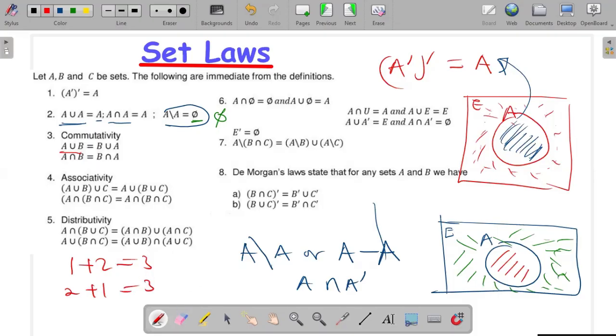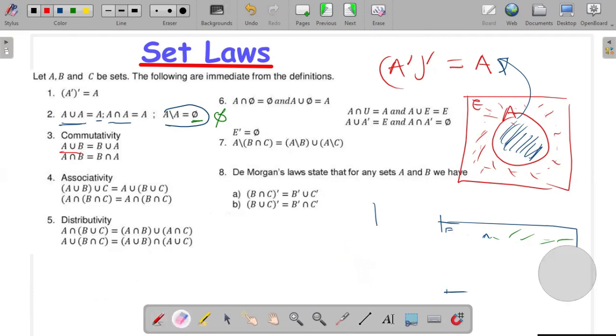So when it comes to sets, the order in which I write A union B is the same as B union A. They are commutative. Then when you have A intersect B, it's the same as B intersect A. That is what the law of commutativity is saying.